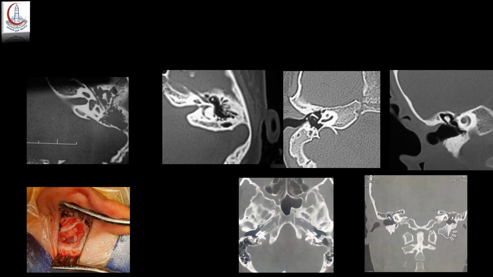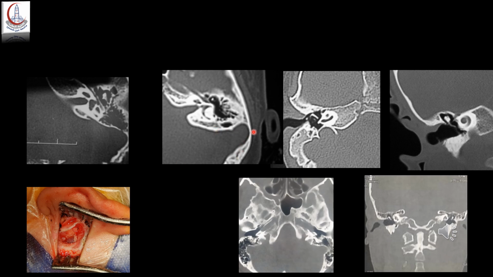We have to look out again for anatomical anomalies. For instance, in this patient, you can see that the sigmoid sinus is very prominent and the bone between the sigmoid and the mastoid is very thin. And actually, intraoperatively, you can see that the sigmoid sinus is denuded and is at risk of injury if the surgeon is not well aware of this.